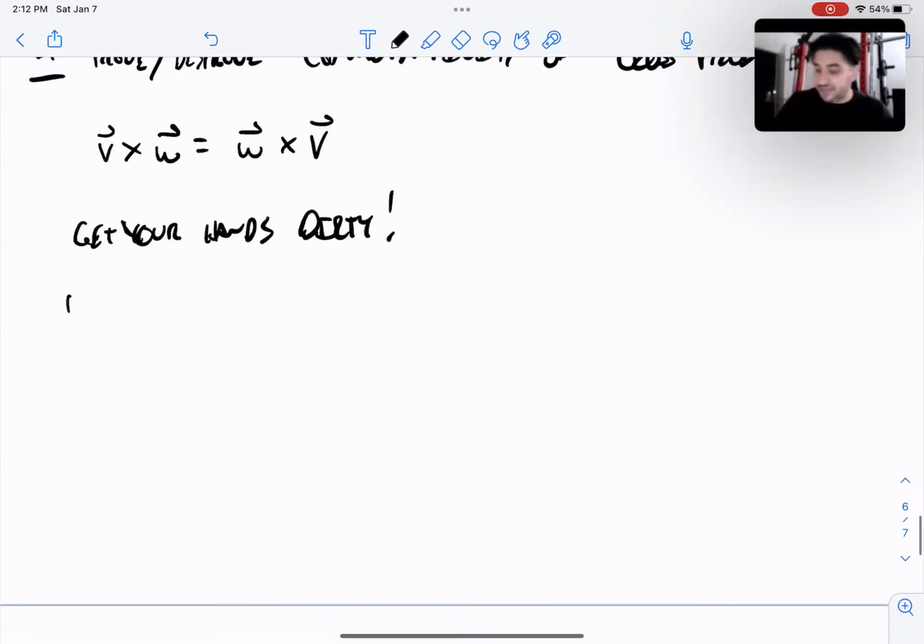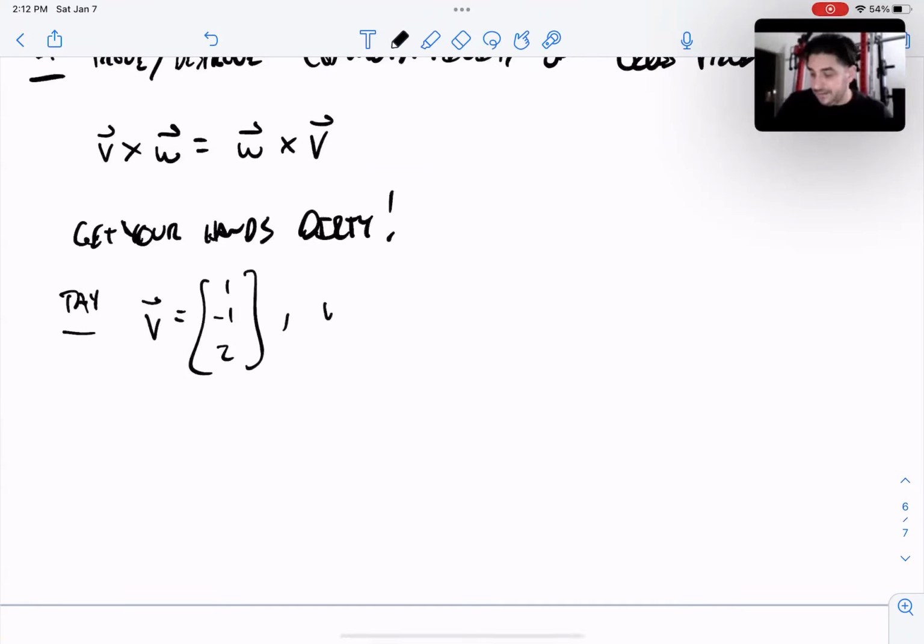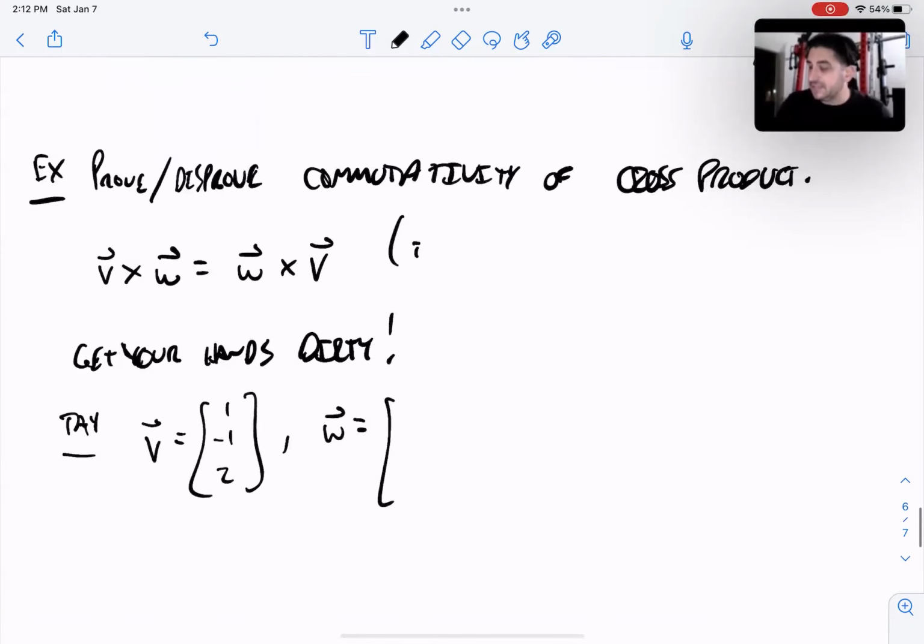Let's try, how about v equals (1, -1, 2). And let's try w, and let's say in R3. Let's say here everything is R3, it's kind of the standard place where cross product is defined, at least in the context of Calc 3. So let's do v as that.